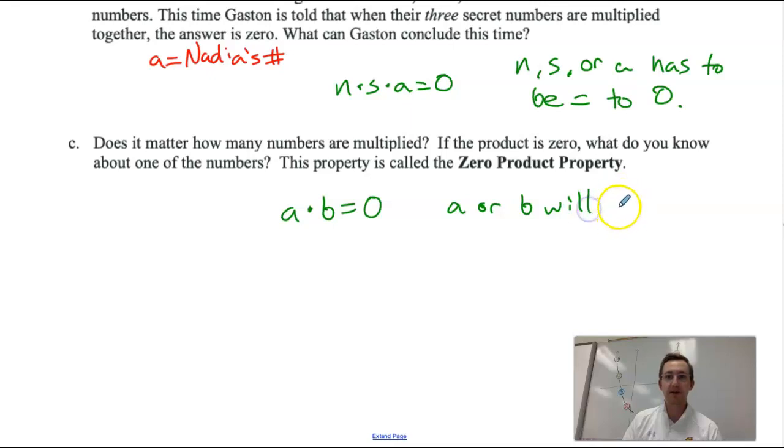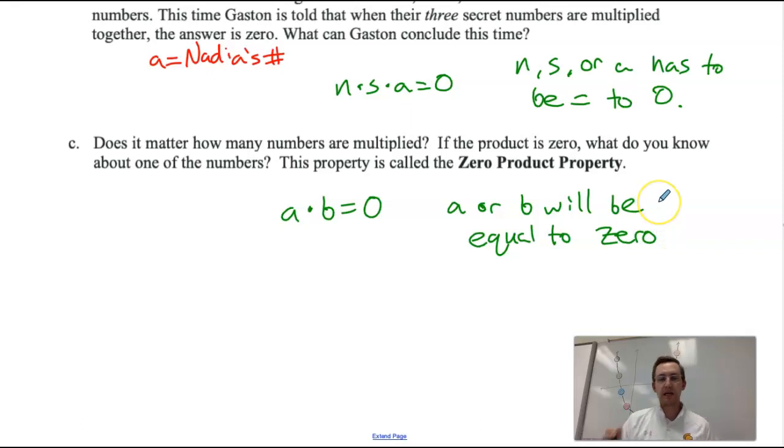That is the zero product property. Whenever we multiply two numbers together, if the product of those two numbers is 0, one of those two numbers has to be 0. One or both has to be 0.